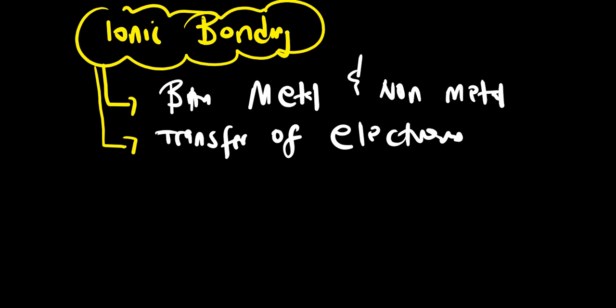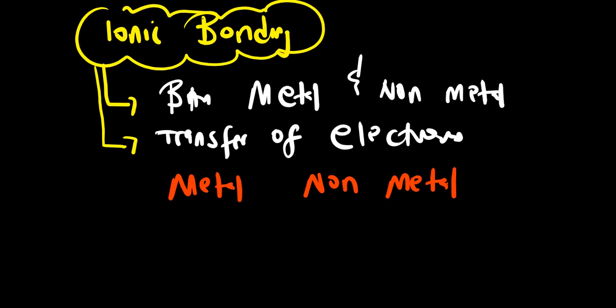That is a very, very big point for you to know. So in ionic bonding, electrons are transferred from a metal to a non-metal. Metals tend to lose electrons. That is a very important point for you to know.